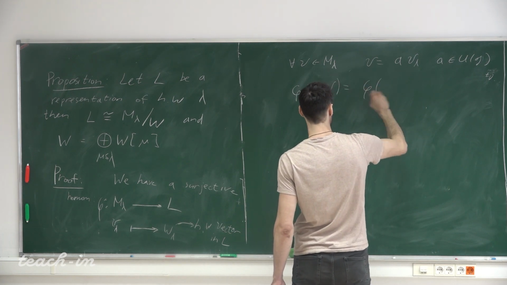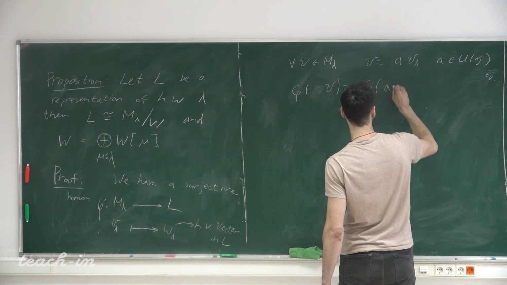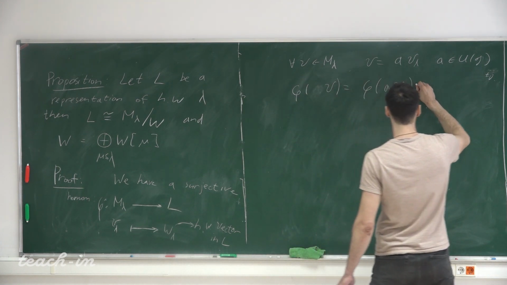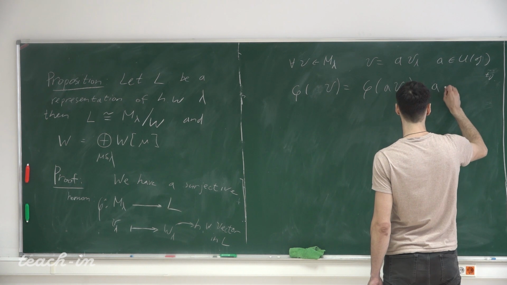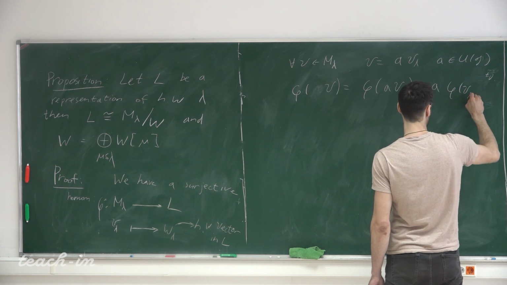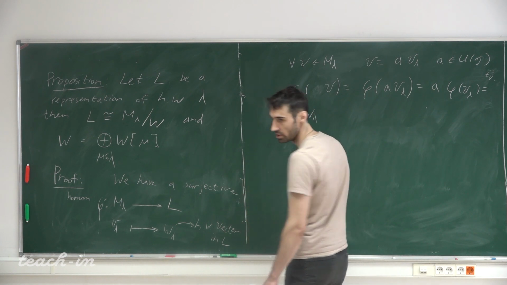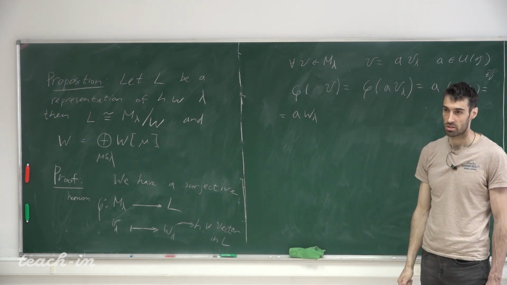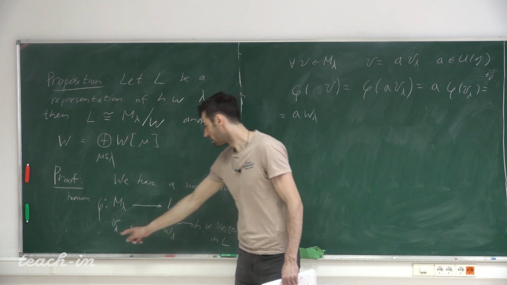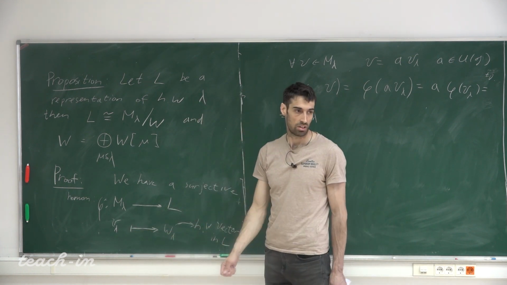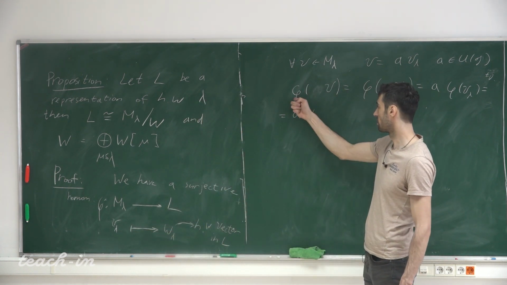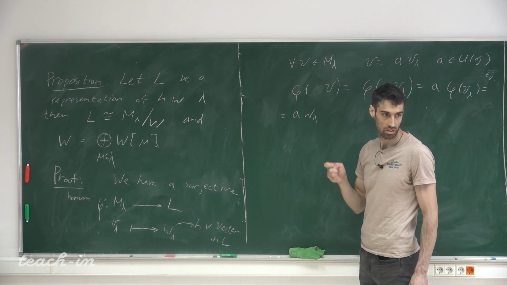So phi of v is phi of a v lambda. So therefore, it should be a phi of v lambda, and this is just a w lambda, right? So just by fixing where this goes, we already fixed the homomorphism, right?